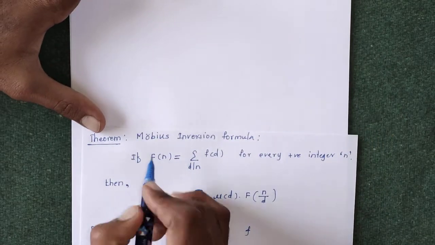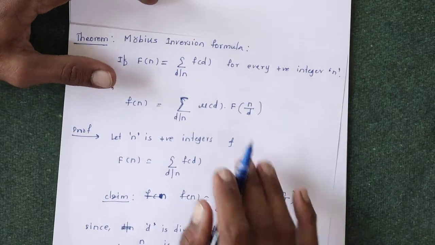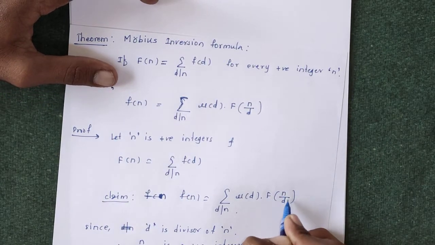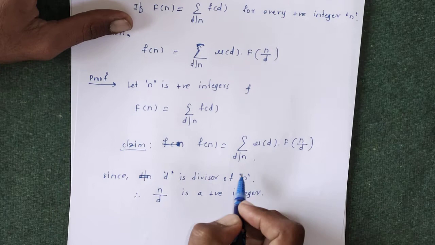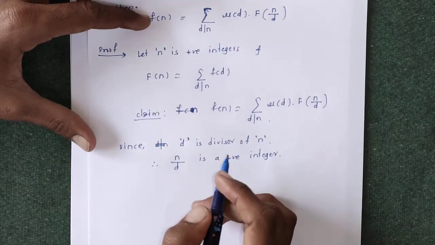So we are applying F on this number, and it must be a positive integer. From d divides n, we get that n by d is a positive integer.